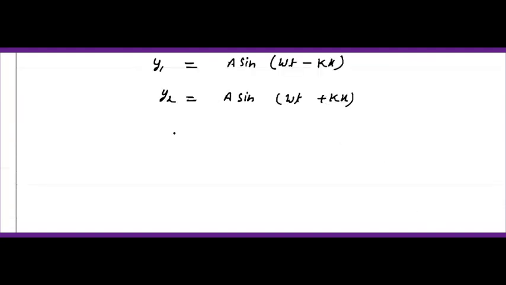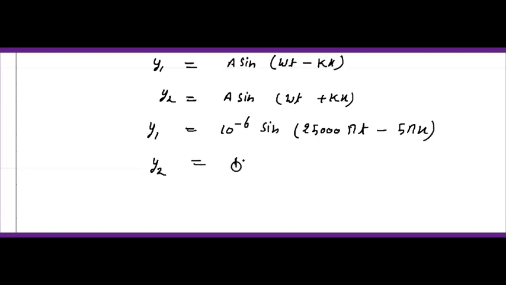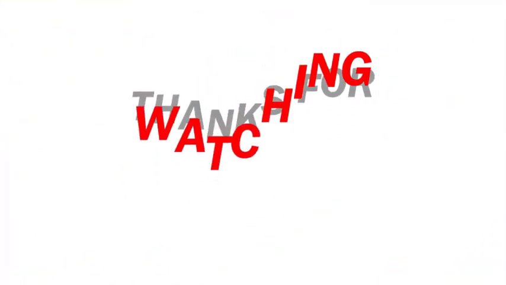Now we put the values: y1 is equal to 10 raised to power minus 6 sine of 25,000 pi t minus 5 pi x, and y2 is equal to 10 raised to power minus 6 sine of 25,000 pi t plus 5 pi x. So this is the solution of this question, guys. Thank you.